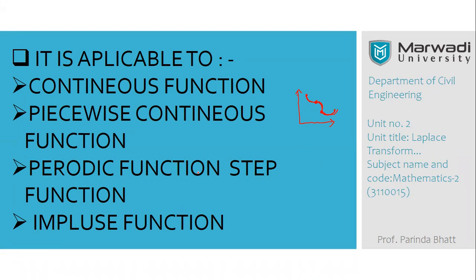Periodic function. You already studied in the first semester the Fourier series, and the periodic function definition is f of x plus p is equal to f of x. That means in the function when we are adding the period, there is no change in the function, then that is known as the periodic function.